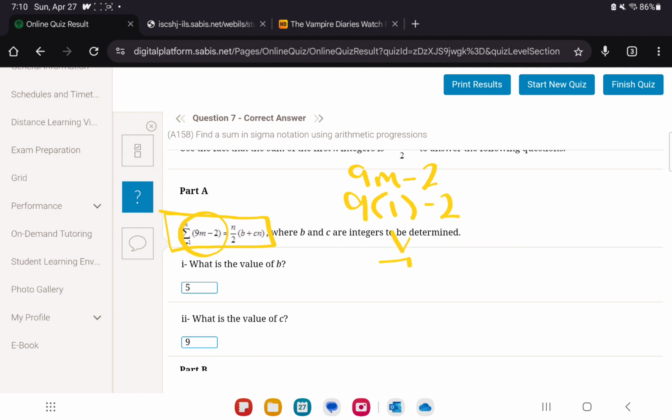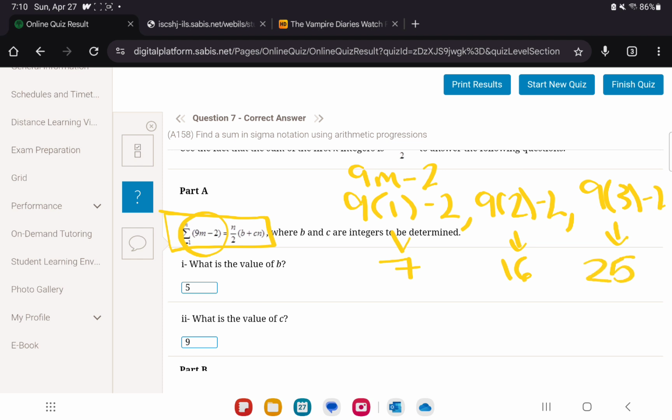This equals 7. And then 9 times 2 minus 2 equals 16, I think so, yes. So this is equal to 16. And then 9 times 3 minus 2 equals 25, okay?